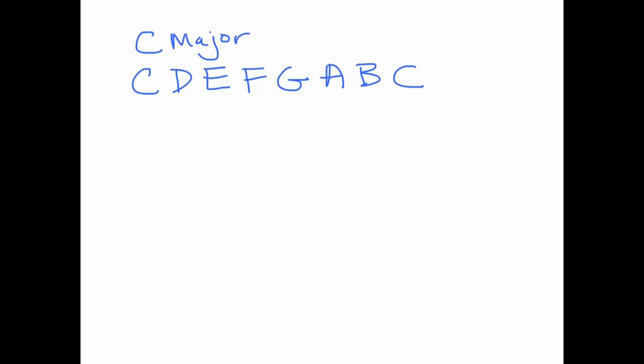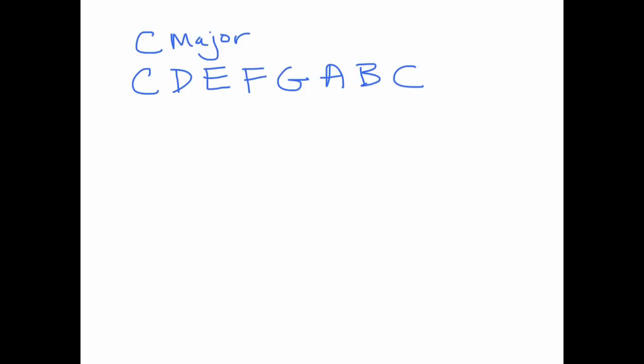I'm going to play all the white keys on the keyboard. So that should sound very familiar. It's your do, re, mi, fa, sol, la, ti, do sound. So that is the sound of a major scale.